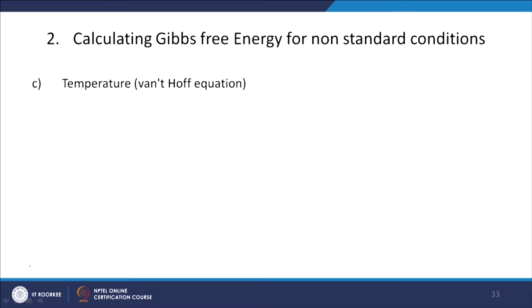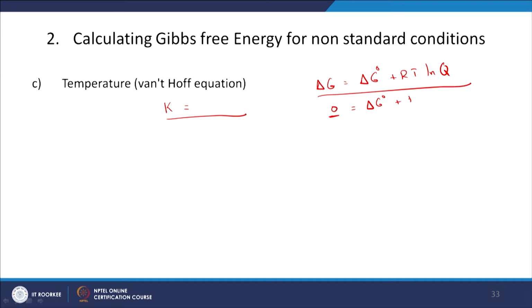For temperature, we need to look at the original equation that we developed. So let us see what K is equal to. Let me go back to delta G is equal to delta G naught plus RT natural logarithm of Q. I am just trying to recall the relationship between K and delta G naught. If this system is at equilibrium, we said delta G is obviously 0, so delta G naught plus RT natural logarithm of K equals 0, and K is equal to Q at equilibrium.